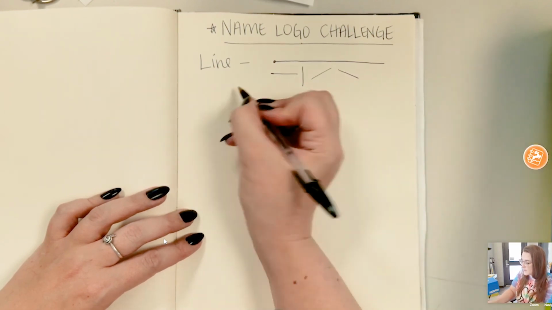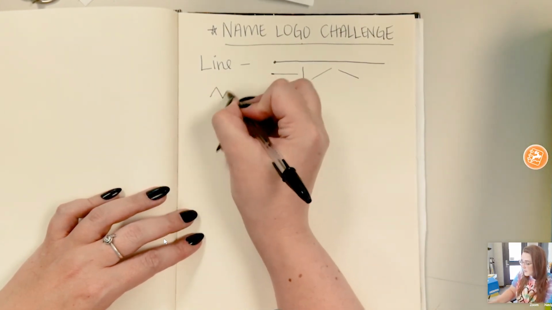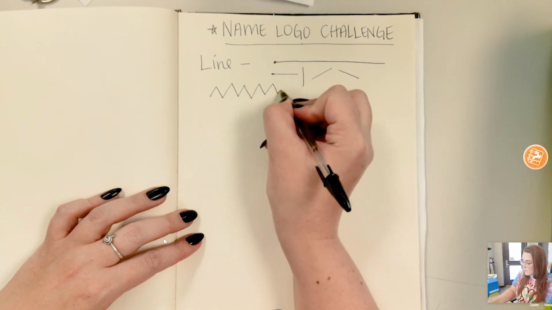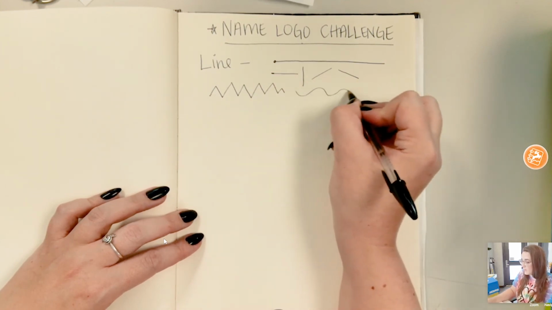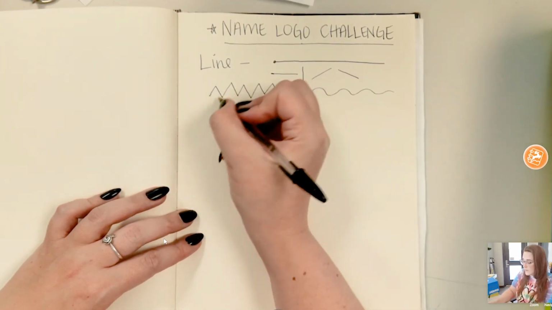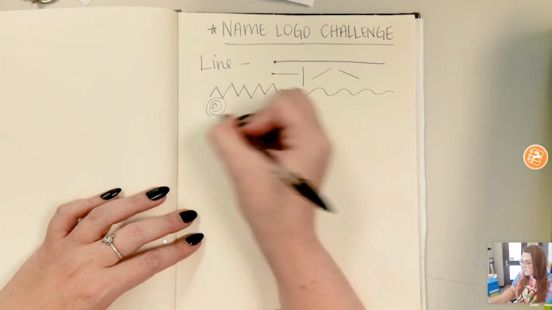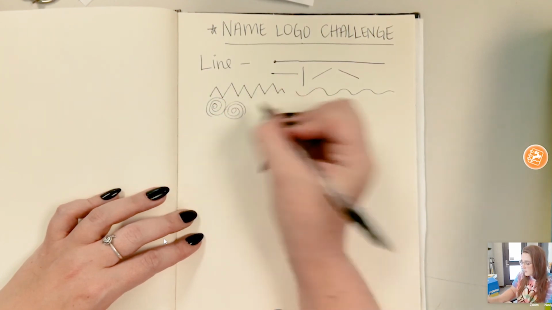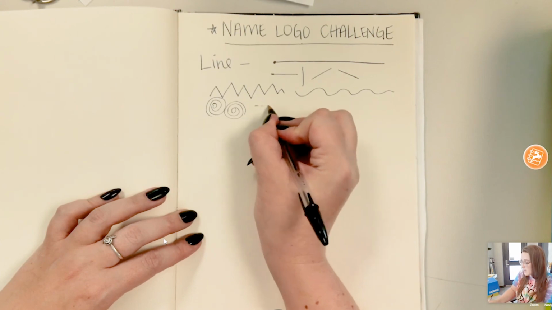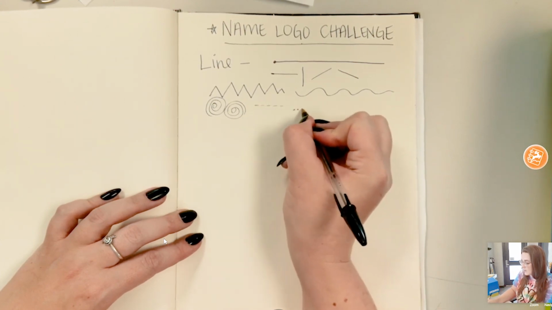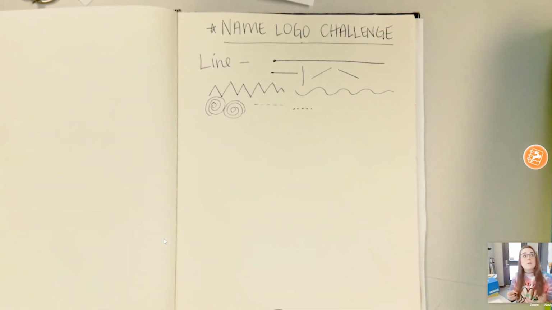We have lines that can be zigzag. We have lines that can be wavy. We have lines that can be spirals. We have lines that can be dashed, dotted. There are just so many different ways that you can go about drawing with line.